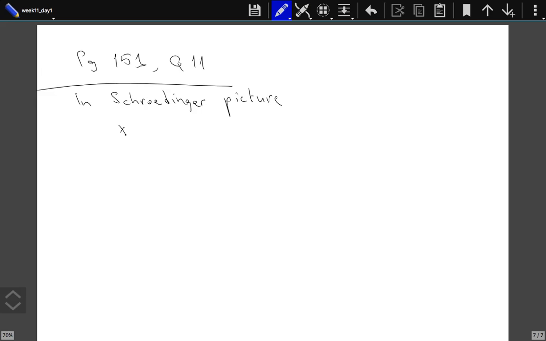These are the operators, the position operator. So this is the Schrödinger picture. If you don't see any t in your operator, it's time independent. Similarly, p. There is no t appearing over there, so it's time independent.